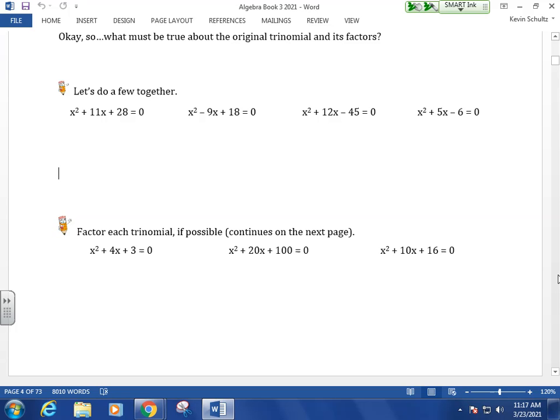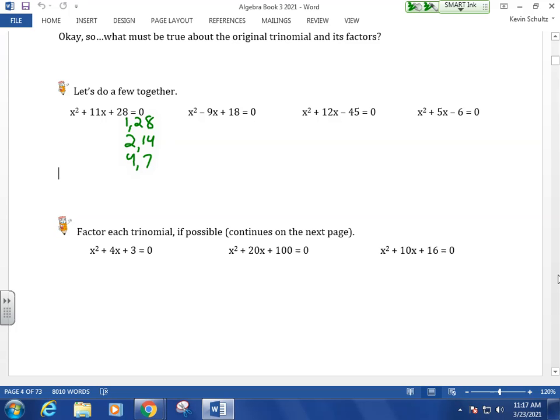There's an infinite number of combinations of numbers that add or subtract to make 11, but not so many that multiply to make 28. Really, I'm looking at 1 and 28, 2 and 14, or 4 and 7. One of those three combinations has to be my answer. So then, which one of those factor pairs can I use to add or subtract to make positive 11?